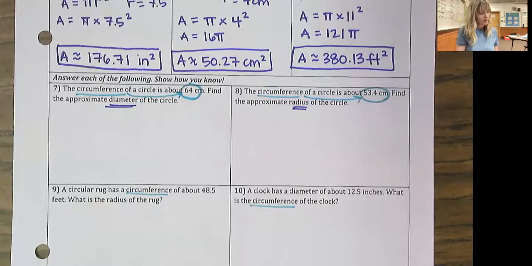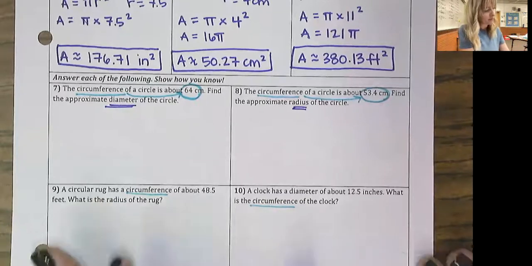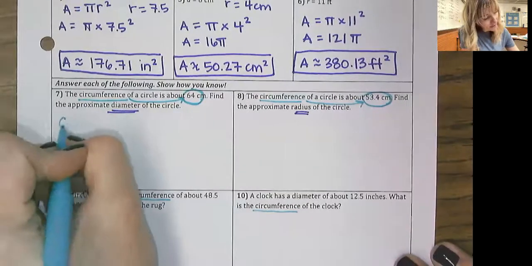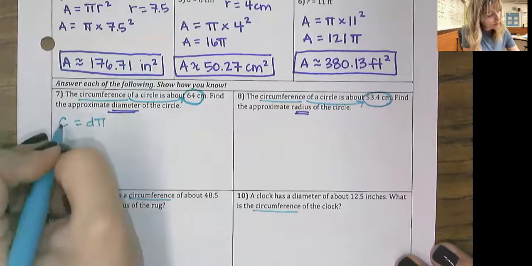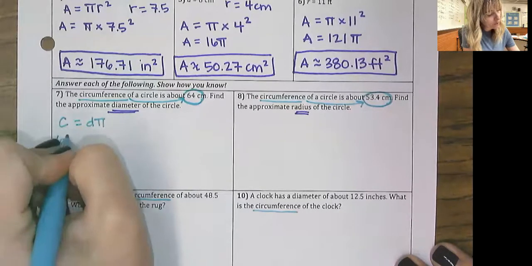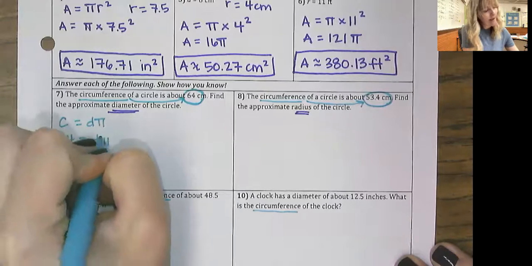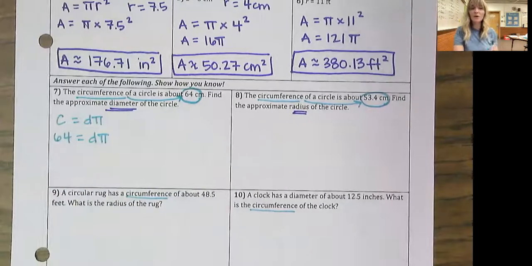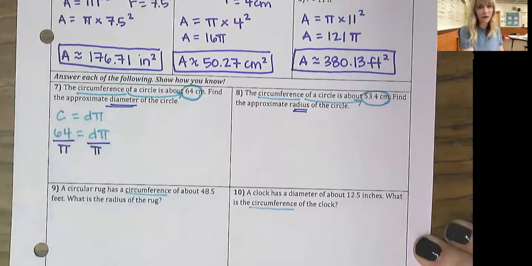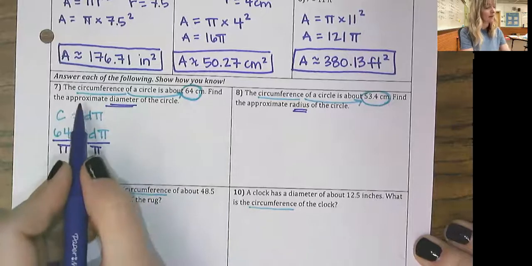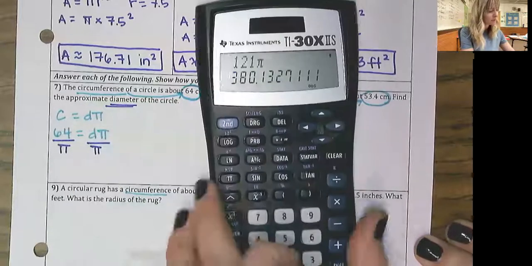Okay, let's try both of those before we move on. If they tell me that the circumference of a circle is approximately 64, remember we plug it in for C. I am looking for the diameter. I do not know the diameter. So to find the diameter, I am going to divide both sides by pi. And the reason it says find the approximate diameter is because pi is involved.